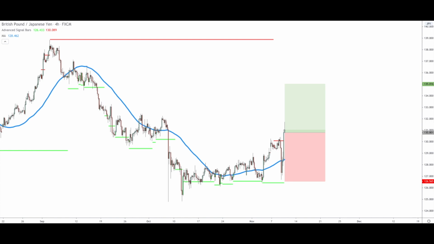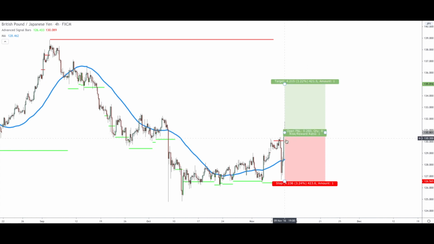I have many traders who really like this kind of setup with the advanced signal bars, but they have totally different setups, because they have different risk attitudes and different strategies. Mine is a 1 risk reward ratio, and then I just enter the trade.